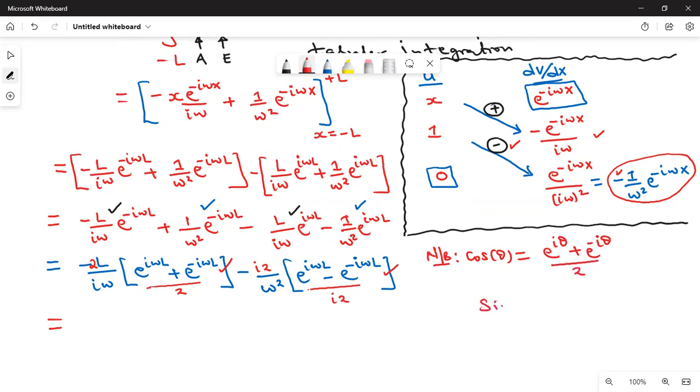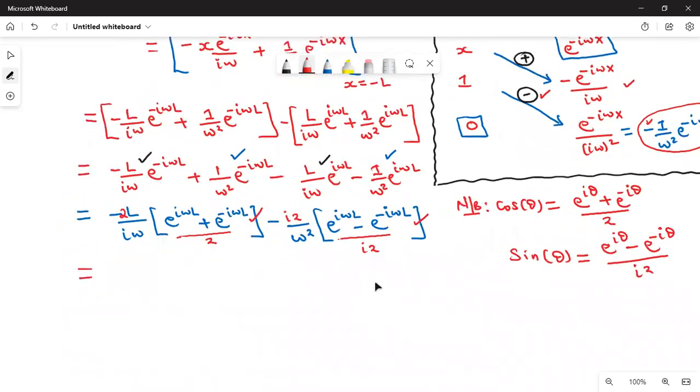Also, sine theta is the same as exponential i theta minus exponential negative i theta, everything divided by i2. So that's what we have.